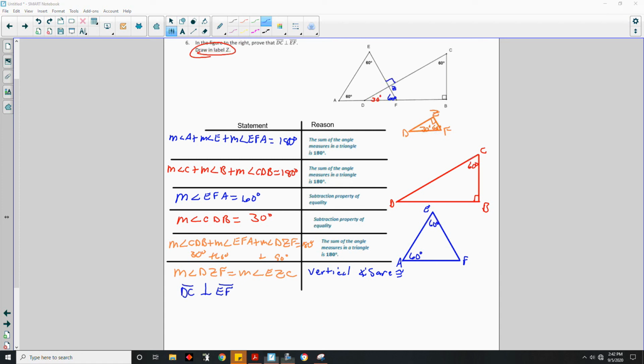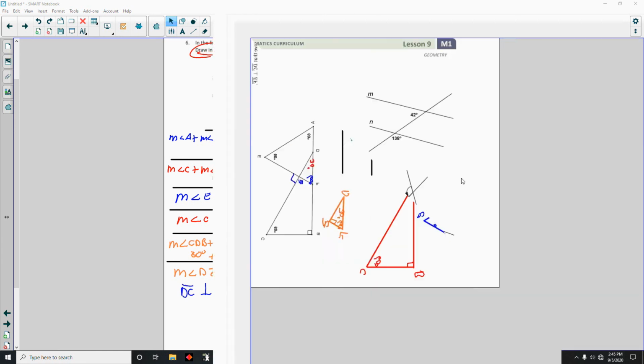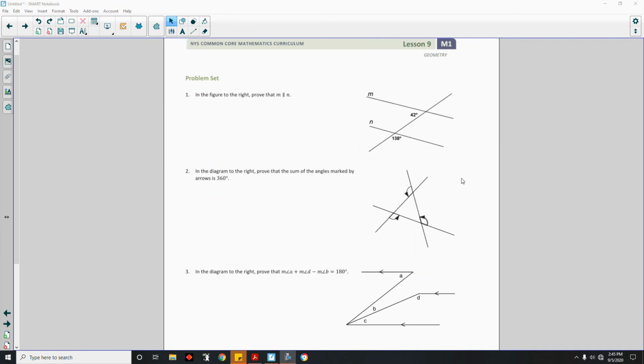Reason. Perpendicular lines form 90-degree angles. Okay, page 5 brings us to the end of lesson 9, our introductory to two-part proofs. Go do your problem set.